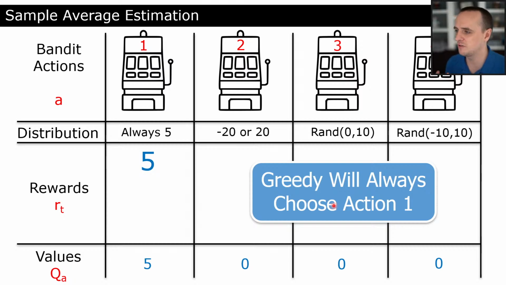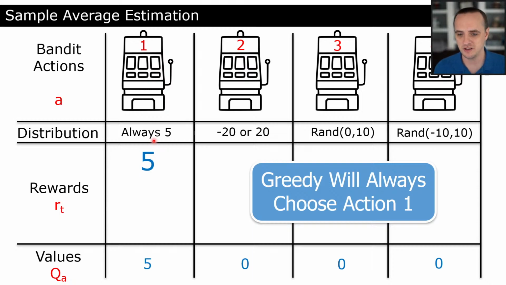But here's the problem with greedy action selection, right? Let's say we had all zeros down here, and then we chose something. If that value is bigger than our initial estimate, so we initially guessed zeros, now we got a 5, it's just going to choose this 5 forever, right? We will never do any exploration.